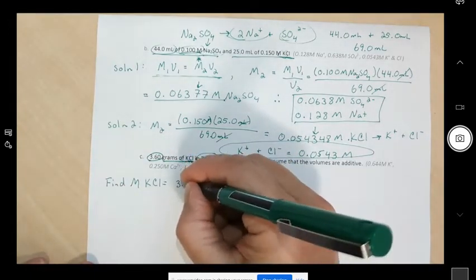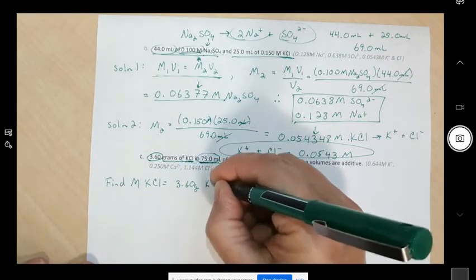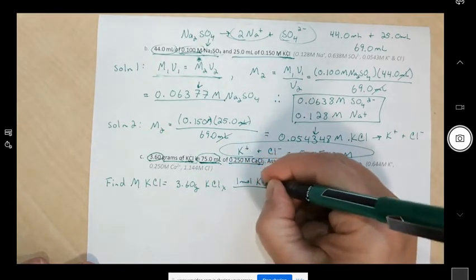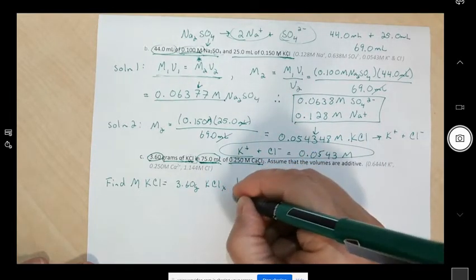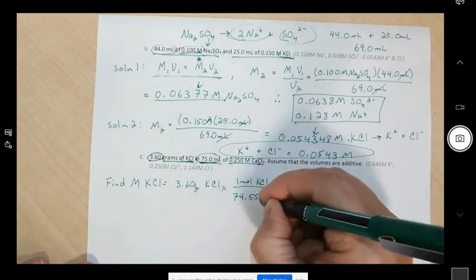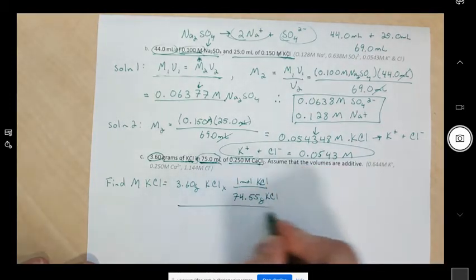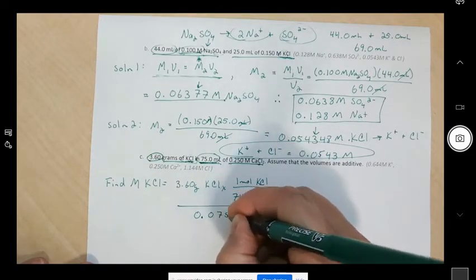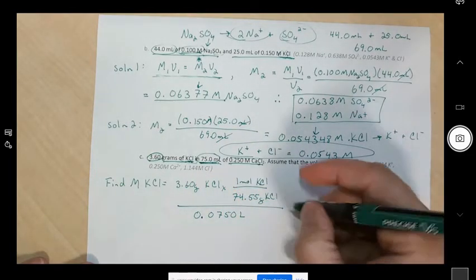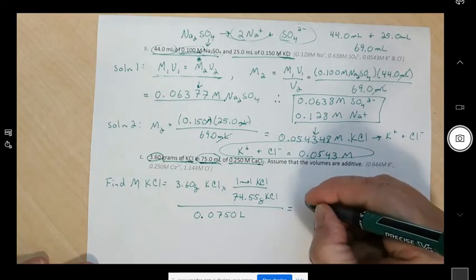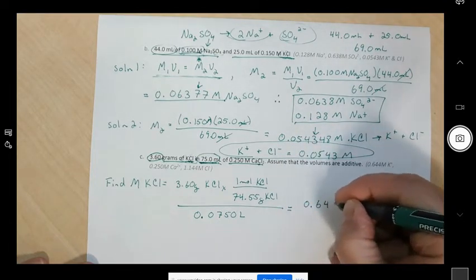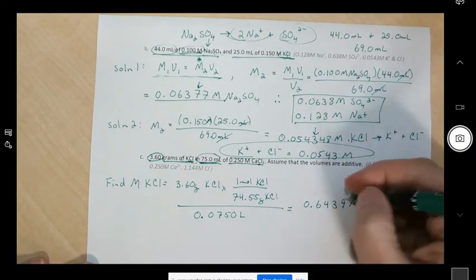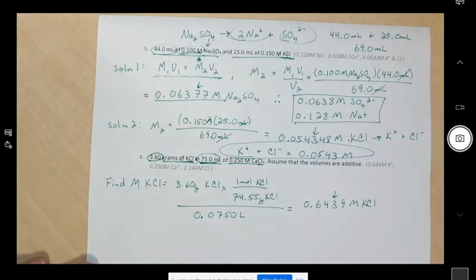So we've got 3.60 grams of KCl, and I know that 1 mole of KCl has a mass of 74.55 grams of KCl. Now, my volume is going to be 0.0750 liters. So that's going to give me a concentration of 0.6439 molar KCl. 3 sig figs are going to stop about right there, so I'm going to round that a little bit.